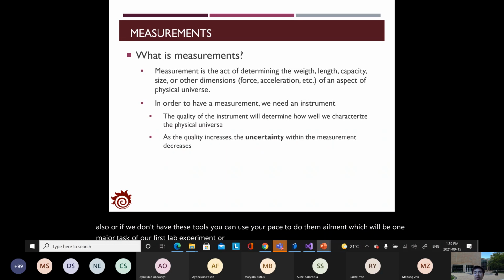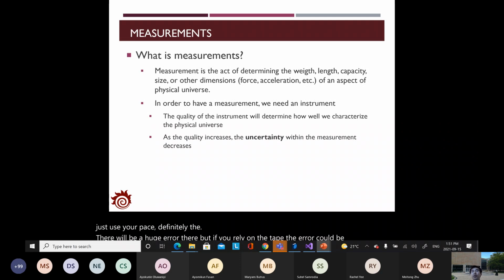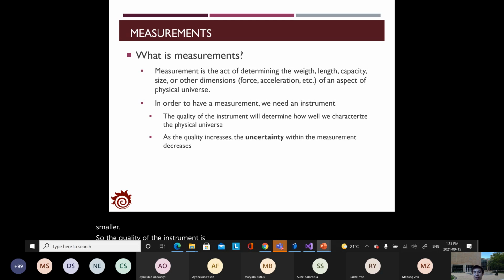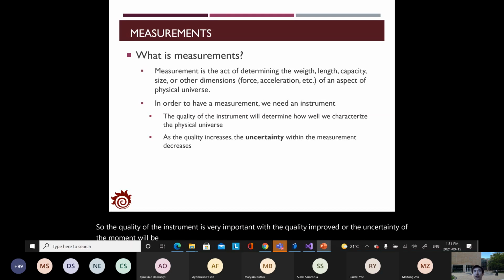With this comparison, you can see that if you just use your pace, definitely there will be a huge error. But if you rely on the tape, the error could be reduced a lot. And if you use some digital tools, you can reduce the error to less than 1 millimeter, or even smaller. So the quality of the instruments is very important. With the quality improved, the uncertainty of the measurements will be reduced, and you will have a higher accuracy of your measurements.